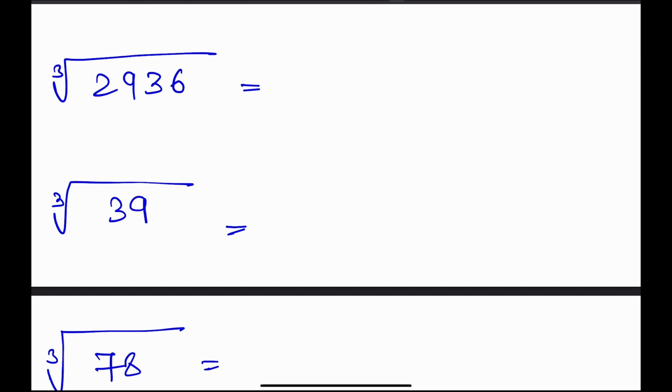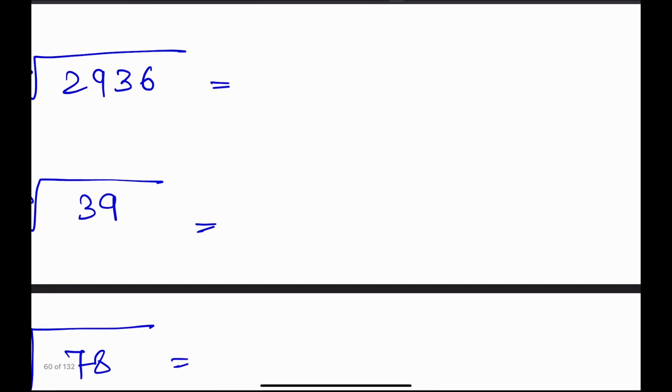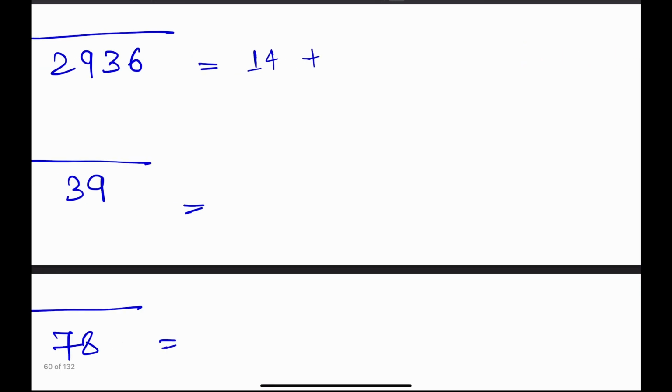I'm right. Then 14 cube is 2744. Sorry, 2744. So again, let me write over here 14 cube so that I can remember 2744. So it will be 14 plus 2744, and it will be plus 56, so it is 2800.